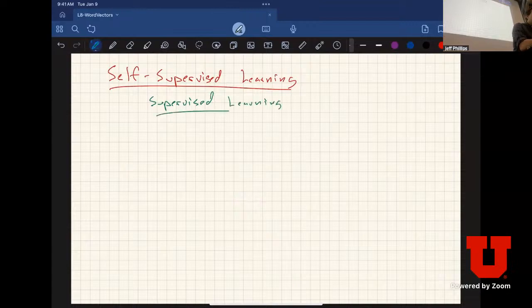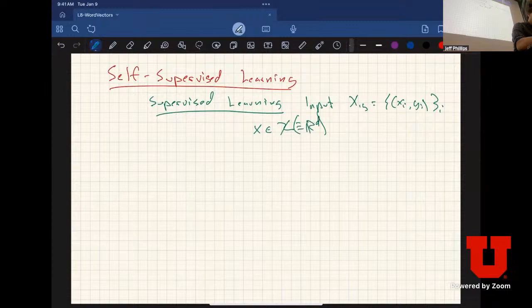in supervised learning, the input is going to be X, Y, which is this set of these (xi, yi) pairs, right, where x is from some space, often R^d, and this is each xi, and each yi is often some given label.